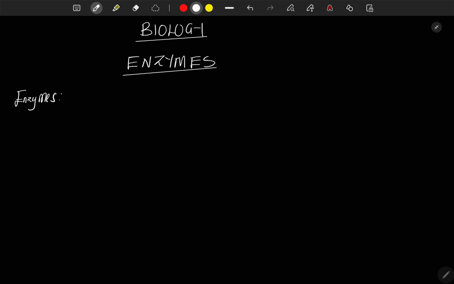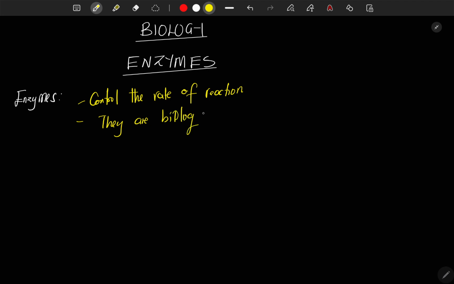Number one, we need to know that enzymes control the rate of reactions. What else? They are biological catalysts.